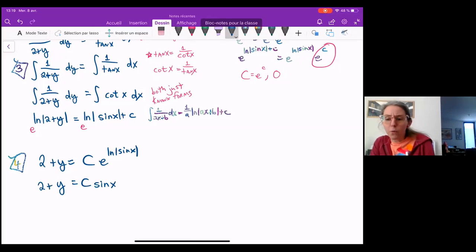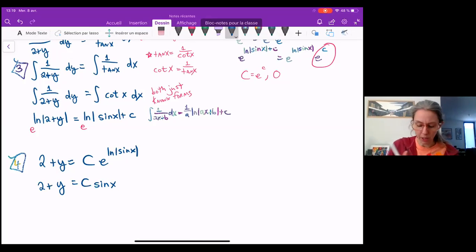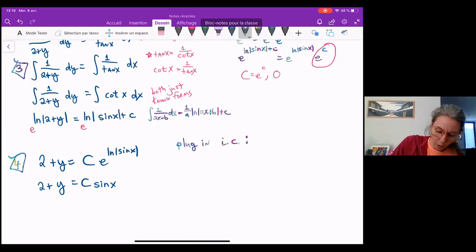Now, remember that we can plug in our initial condition wherever we want. So I'm going to plug it in here. My initial condition was that y of pi over 3 is equal to 2.